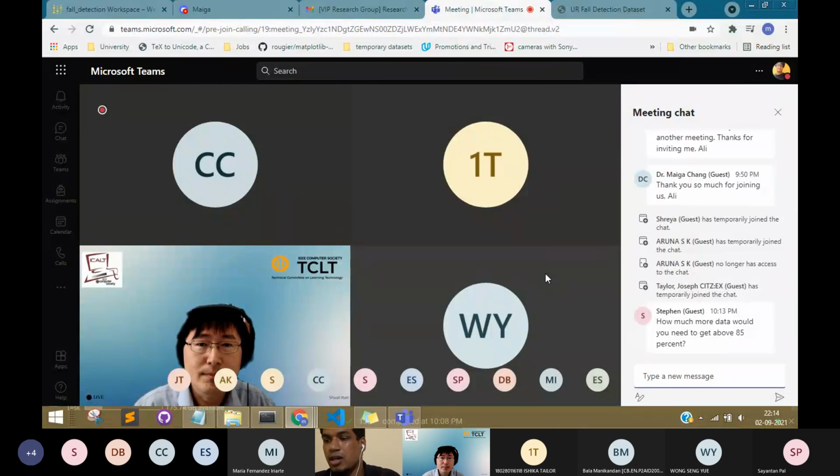As of now, since there were only 70 videos in the URFT dataset, we could get only a small number of videos. So in the CMD fall dataset we also extracted only 70 to 80 videos to check the generalization capability of the neural network.